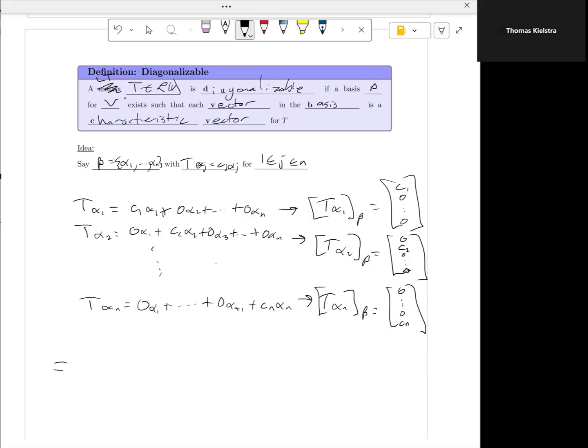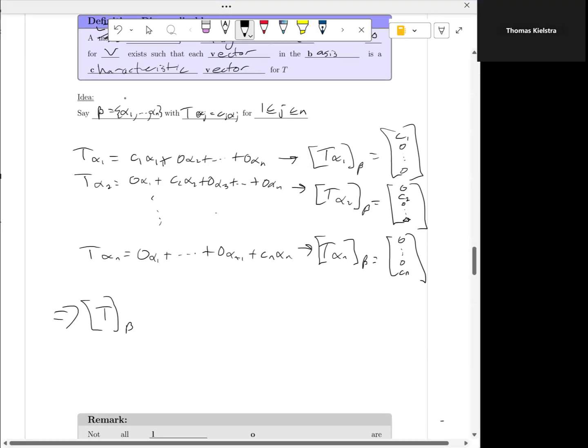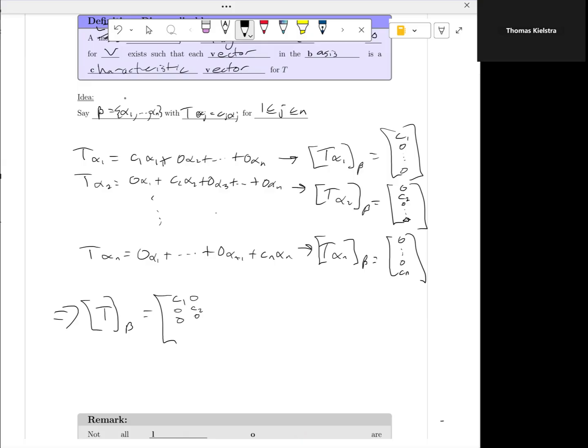This implies that the matrix representation of T relative to this basis beta is a diagonal matrix with C1 through Cn on the diagonal and zeros everywhere else.